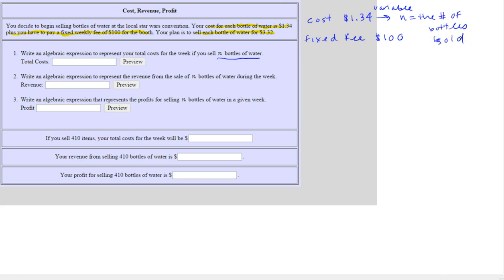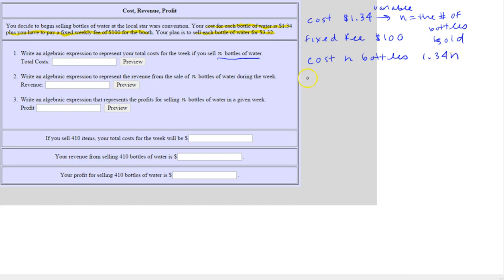And therefore your cost for N bottles of water is 1.34 times N. So you're going to pay $1.34 for each bottle. If it was one bottle, you'd multiply $1.34 times 1. If it was 10 bottles, you'd multiply $1.34 times 10. Or in general, you'd multiply $1.34 times the number of bottles sold.